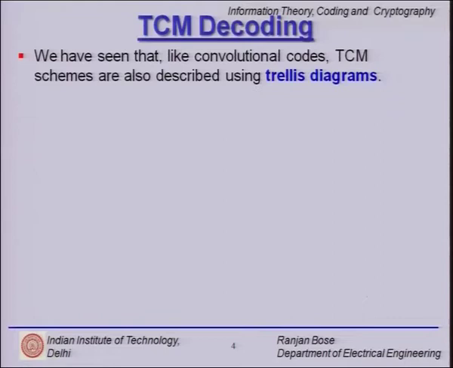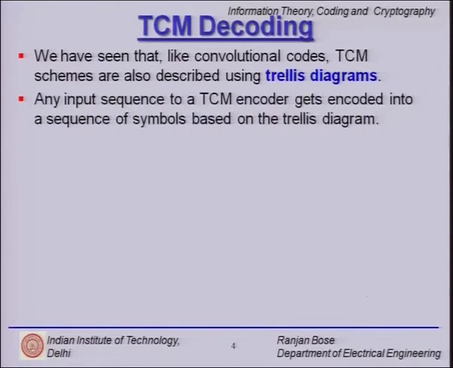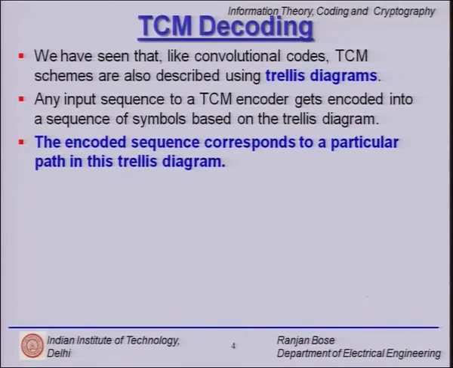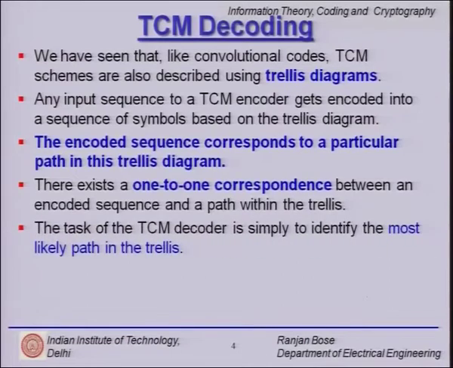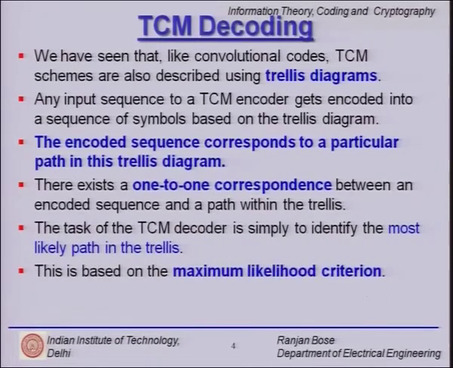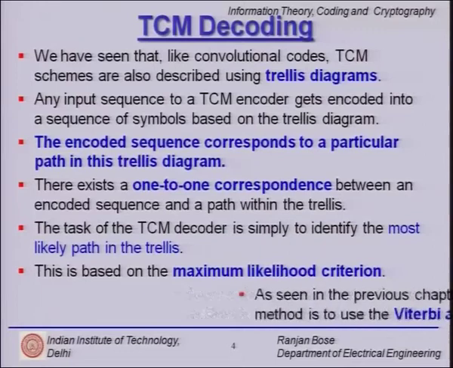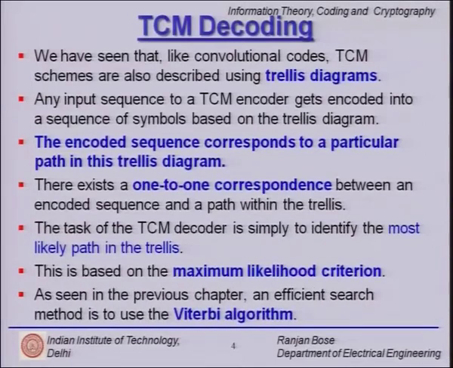We can recollect that TCM decoding is done using the trellis diagram, and we use the notion that any transmitted sequence is actually a path in the trellis. Therefore, we have to find the corresponding path in the trellis using the maximum likelihood decoding criteria, and to do so, we use the very well known Viterbi algorithm.